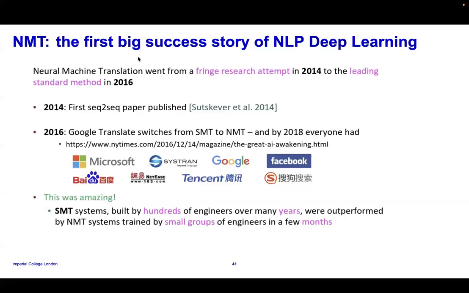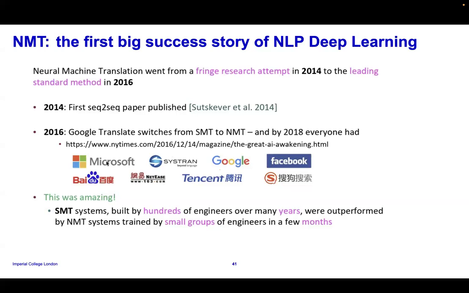So yeah, a very big success story for NLP, as I said: the very first paper for Seq2seq was published in 2014, and Google in 2016 switched from statistical machine translation, because this paper brought a very good way to do machine translation using Seq2seq. Google switched to neural machine translation in 2016, and then everyone is using the Seq2seq architecture to do machine translation.